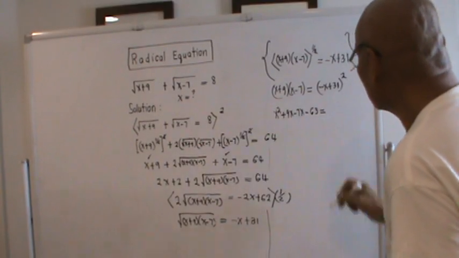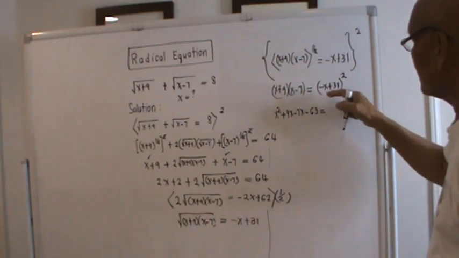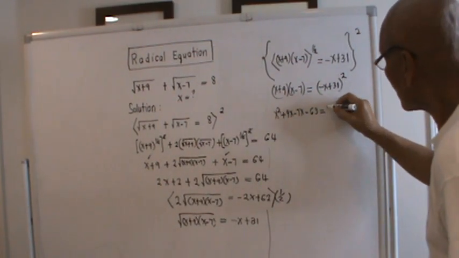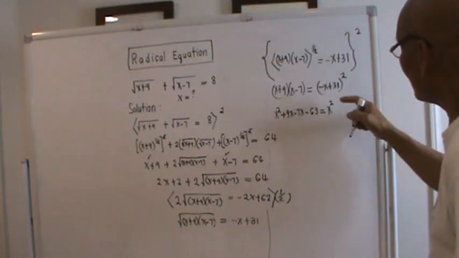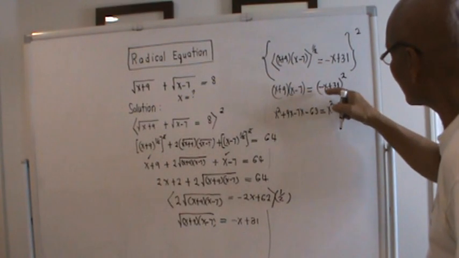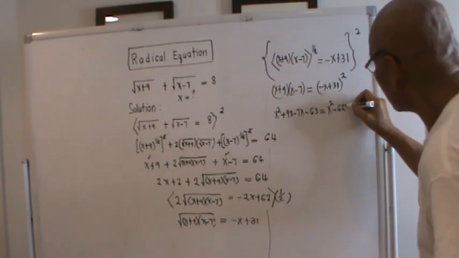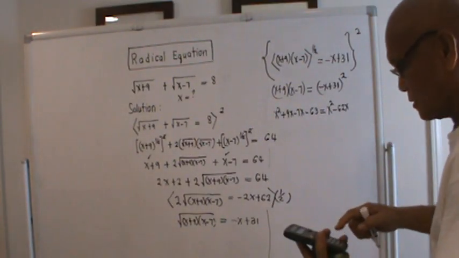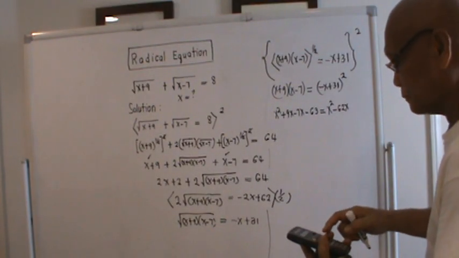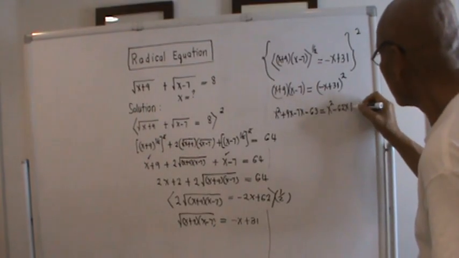And this should be equal to, for the right hand side, the square of a binomial. The square of negative x will be x squared. The middle term will be 31 times x times 2, that will be negative 62x. And the square of 31 is plus 961.